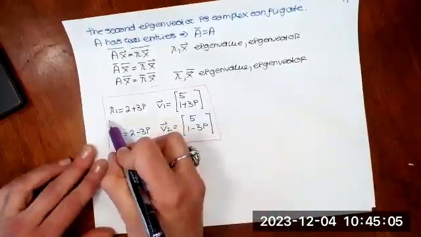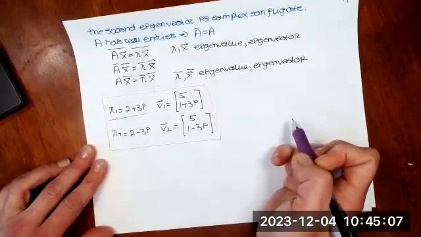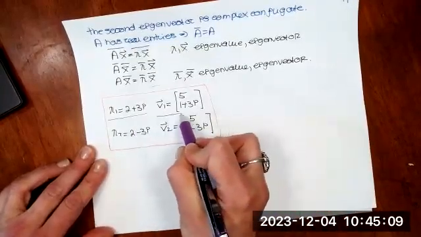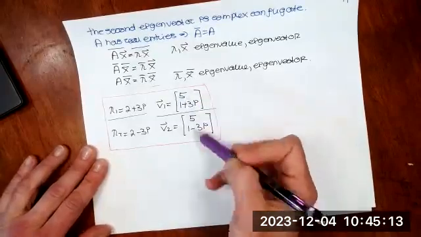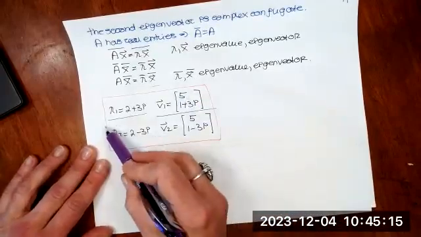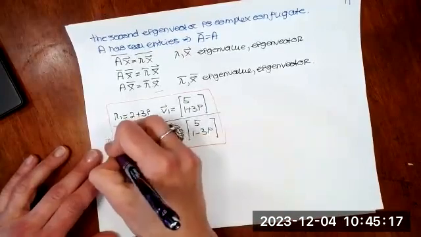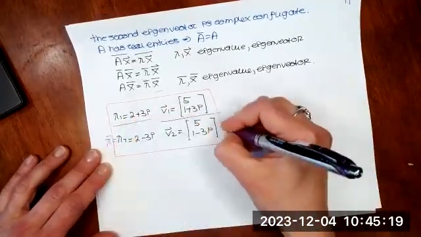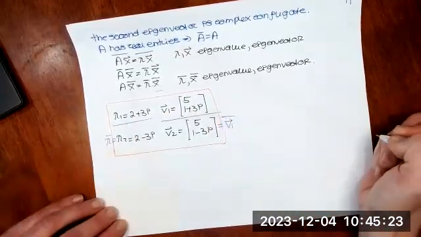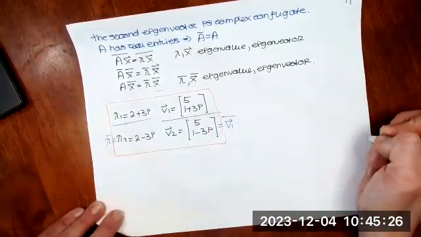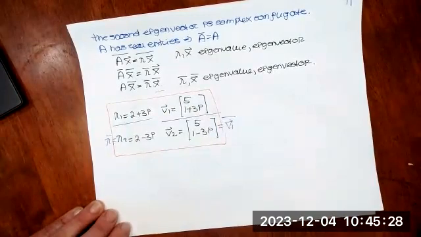Because we already found lambda 1, 2 plus 3i, and its corresponding eigenvector, to get the second one, just conjugate. My lambda 2 is lambda 1 conjugate, and my V2 is going to be V1 conjugate. So you don't have to do it a second time. Yeah, that makes sense.